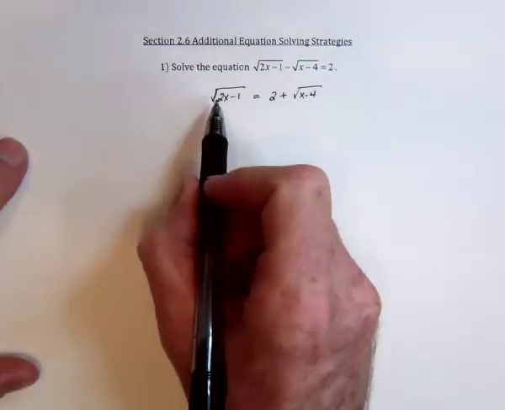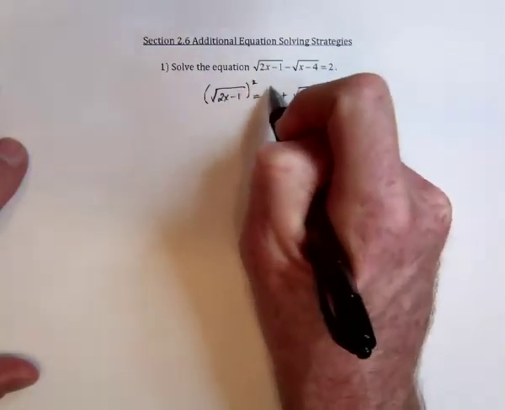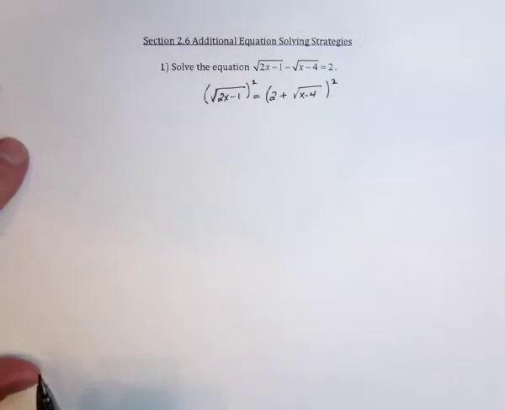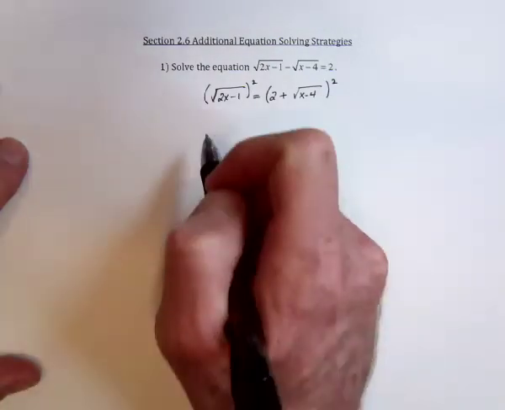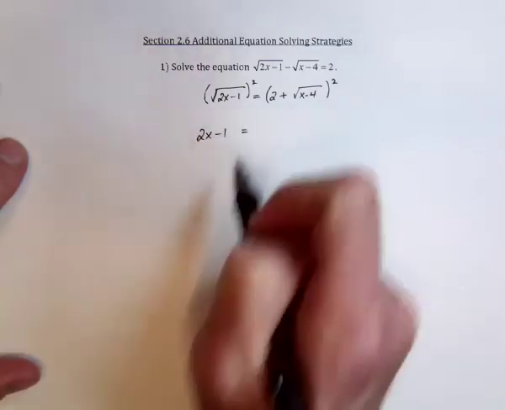Now that one of the radicals is isolated, square both sides. Well, on the left-hand side, squaring the radical will eliminate the radical, leaving 2x minus 1.